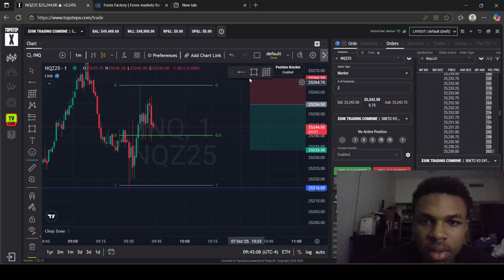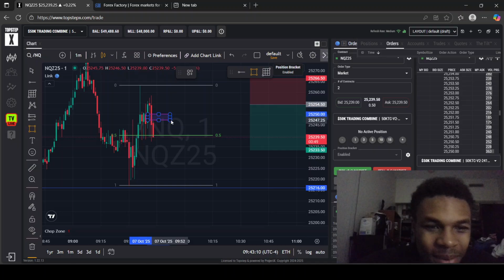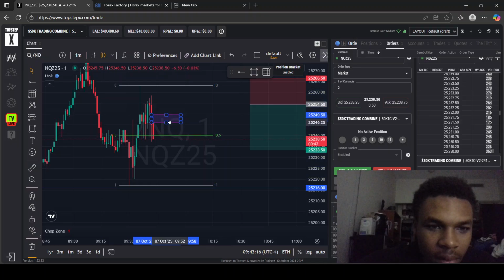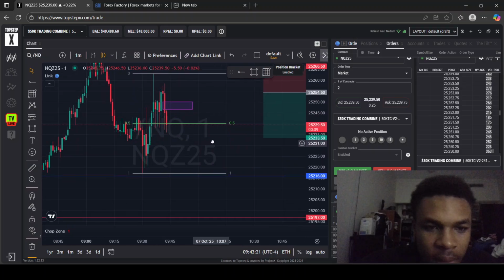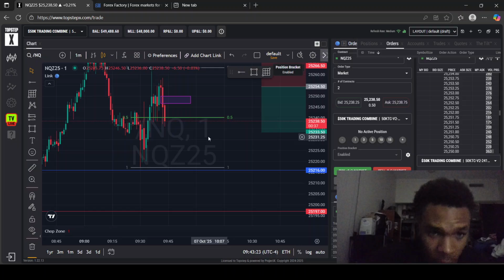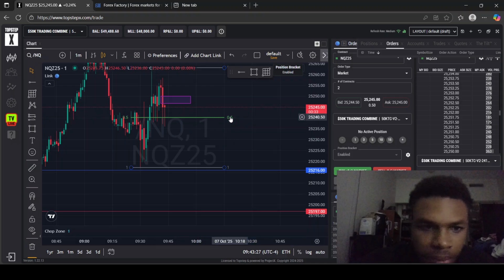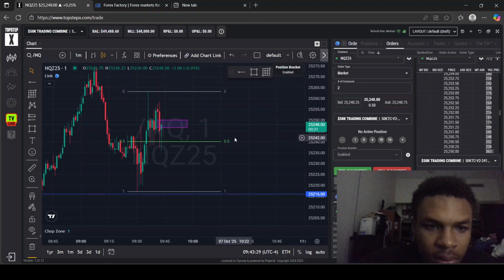All right, there we go. That was our entry. We would have been all right if we got that entry, but I was just trying to play it safe and get a little closer to my stop loss, so I risked a little bit less. But it is what it is.